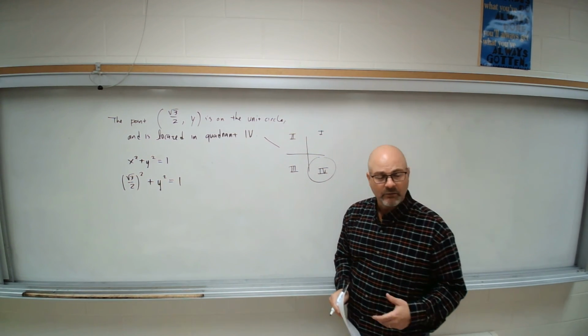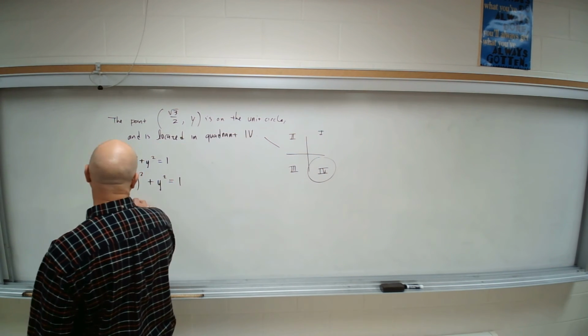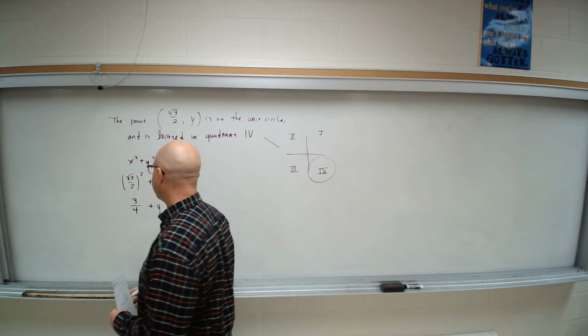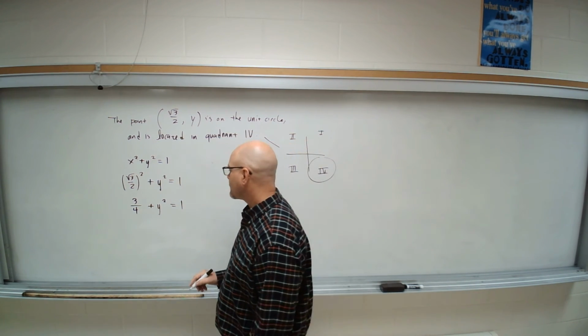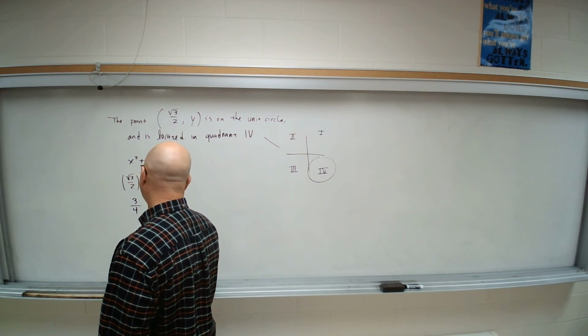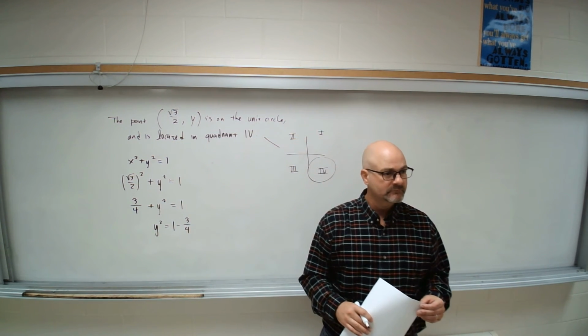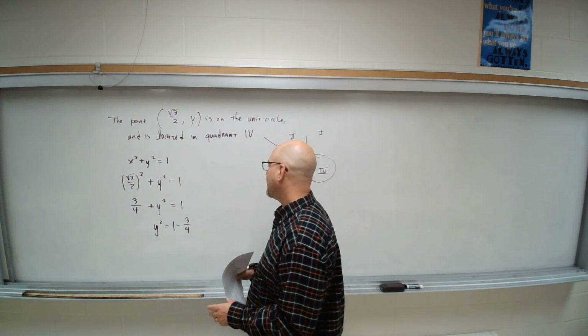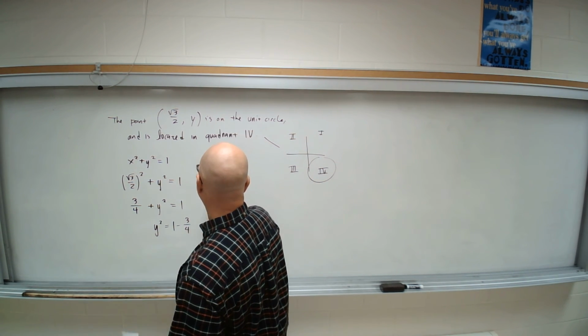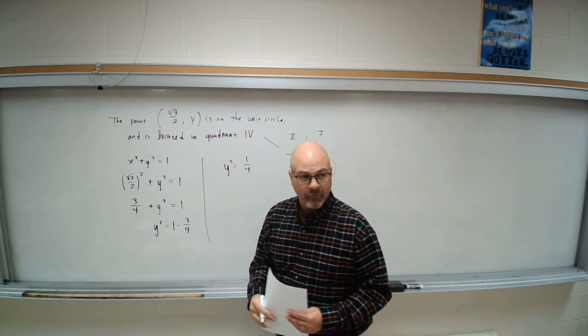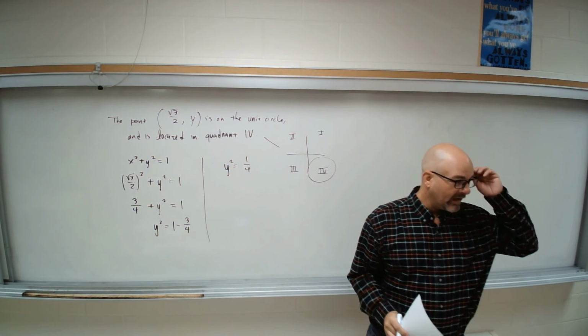So you square radical 3, you get 3. On bottom, you get 4. So now we have y squared is 1 minus 3/4. And then from here, we get y squared equals 1/4.